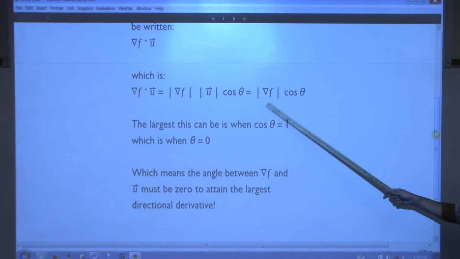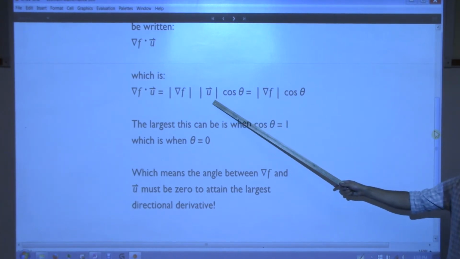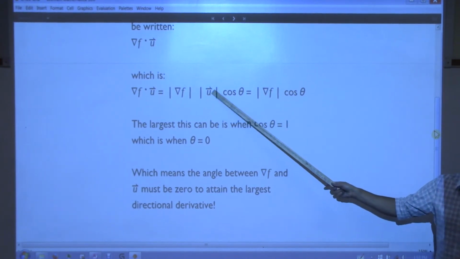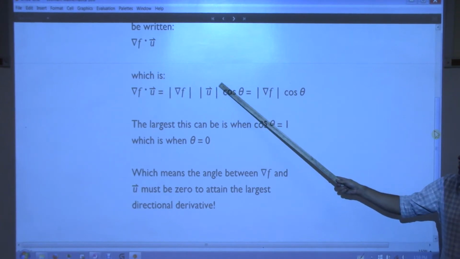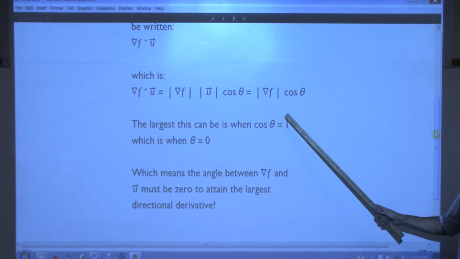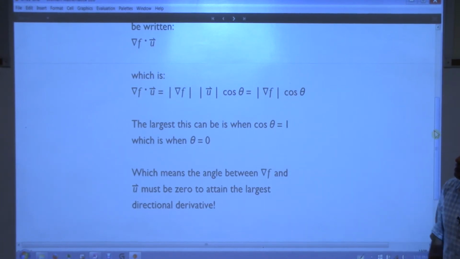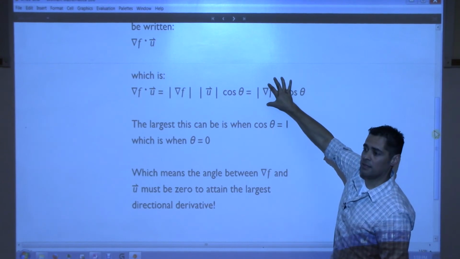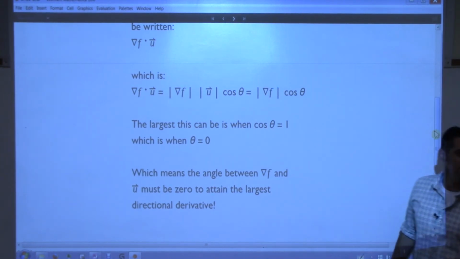Why is the next step here? u is a unit vector, so the magnitude of u should be 1. So this formula turns into this. The question now is, what will make this the biggest it can ever be?